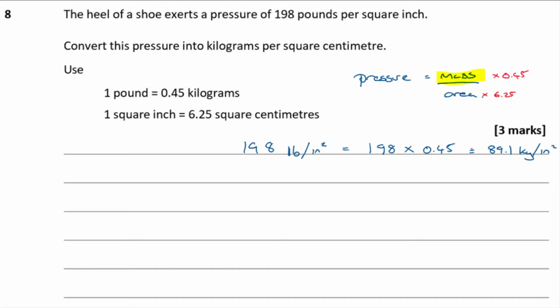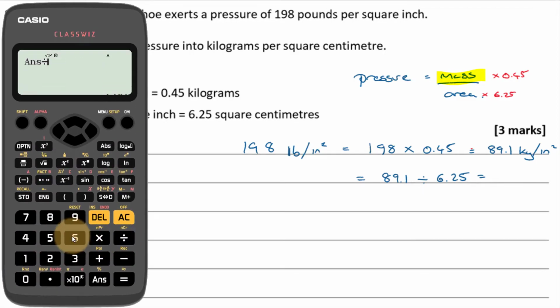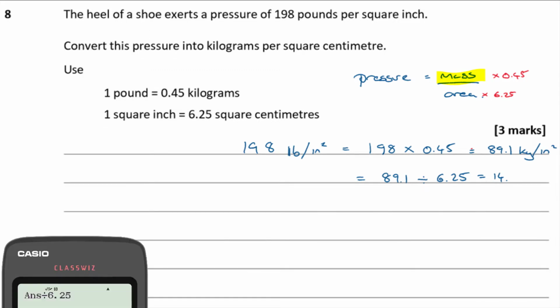So that's going to be equal to 89.1 divided by 6.25. Then what's that? Divide by 6.25. That comes out to be 14.256.